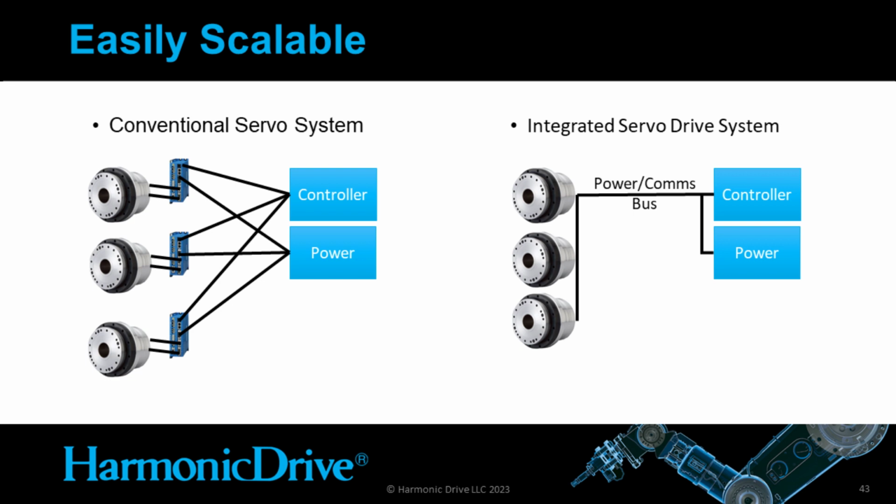This is needed for each new axis. On the right side, with integrated servo drives, we have a power and communication bus that is jointly connected to the controller and to the power supply, and can either be bused or daisy chained between each new axis. So this is a nonlinear scaling where you're only adding a new motion axis and a connecting cable to your bus or to the last axis.